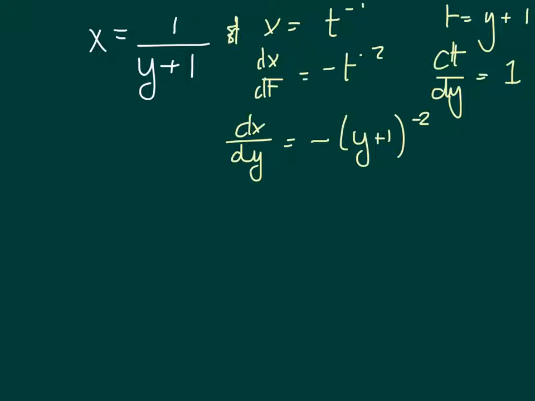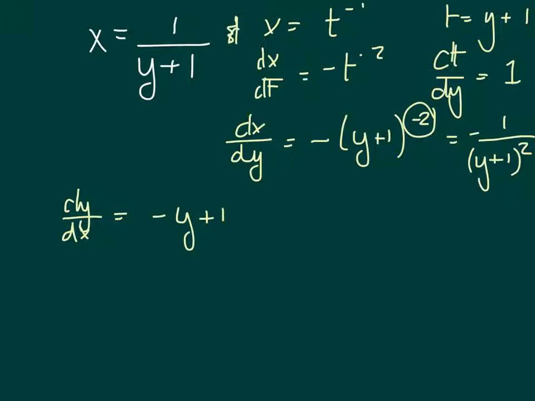I've got supposedly a function x in terms of y, that's absolutely fine, but now what happens when I want to know what dy by dx is? Well, I need to just reciprocate the other side. So currently here I have minus 1 over (y plus 1) squared. Reciprocating that will give me minus (y plus 1) all squared. So now a function y in terms of x differentiated is something to do with y, and that's an issue for us.